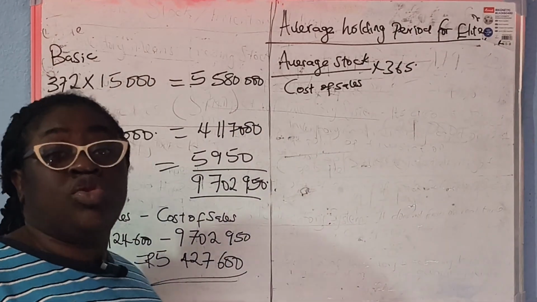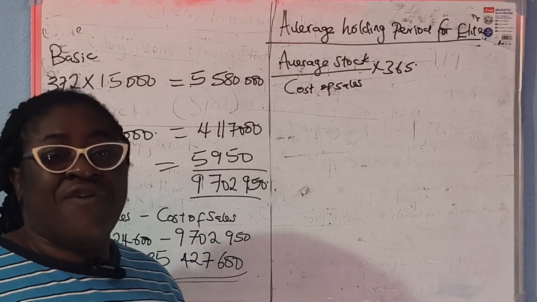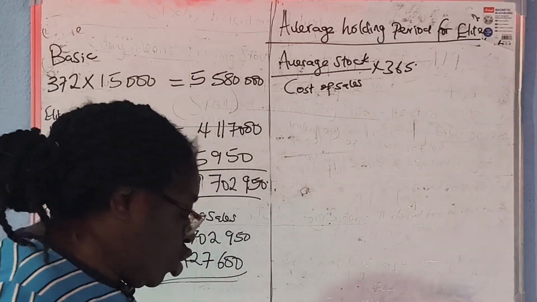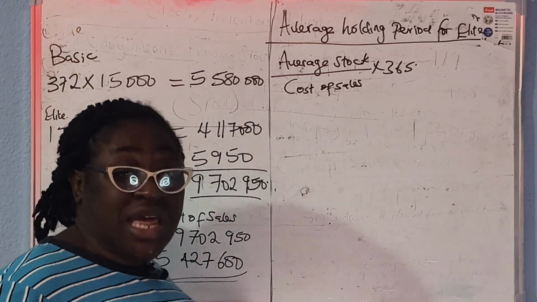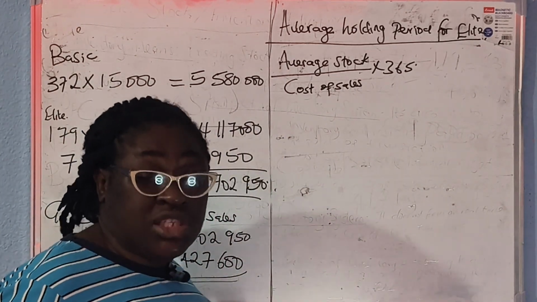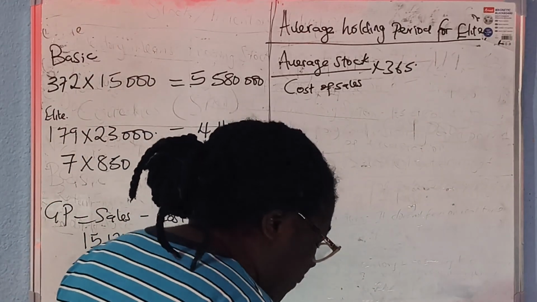Now, you can either use your units or you can use your value. Whichever way you decide to do it, you will still get your marks. Your answer, your days might not be the same, but you will still get your mark.